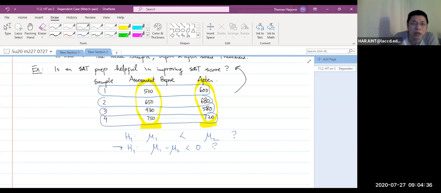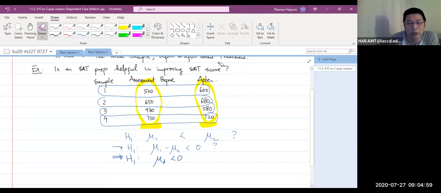But notice that for this case, we can go even further. Instead of computing the difference of the means, we can compute the mean of the differences. So instead of finding the mean for each and subtracting, we find the difference.